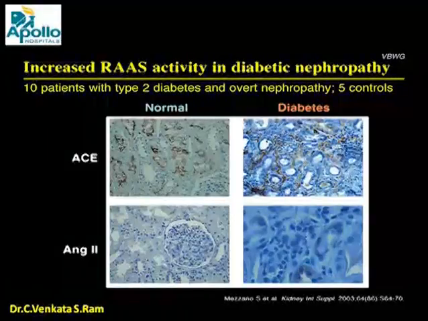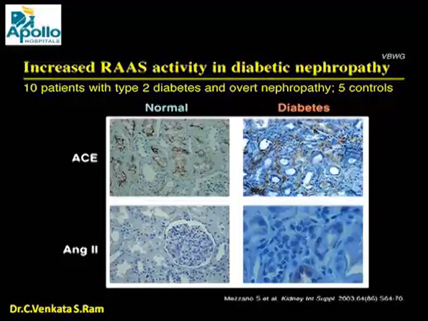Now, let me talk for a few minutes on therapeutic choices in management of a diabetic hypertensive. One of the recommended classes of drugs would be the drugs that block the renin-angiotensin system. Whether you want to call them ACE inhibitors or angiotensin receptor blockers, it does not matter at this time. But this is a kidney on your left side, a normal kidney, whereas on the right side is the pathological specimen from a diabetic kidney.